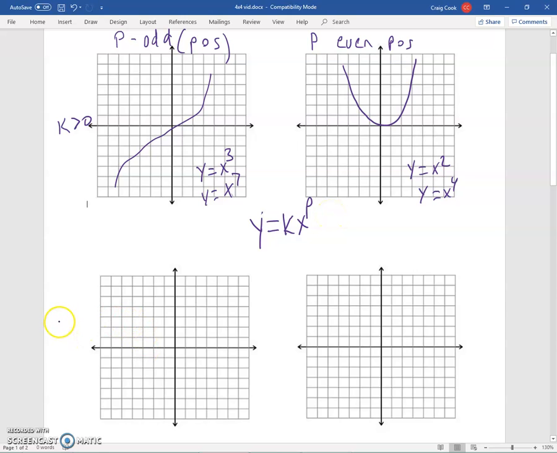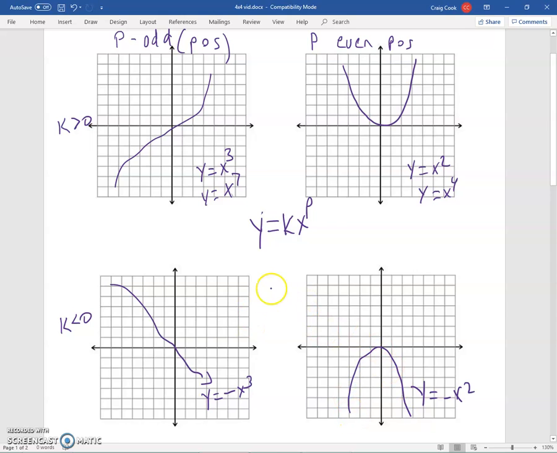Well, now we need to look at what happens when k is less than 0. This would be something that looks like this. This would be the negative of x cubed. Well, what happens now is this graph is going to go down like that, and so over here, if y equals the negative of x squared, then that's going to flip the parabola over like this.